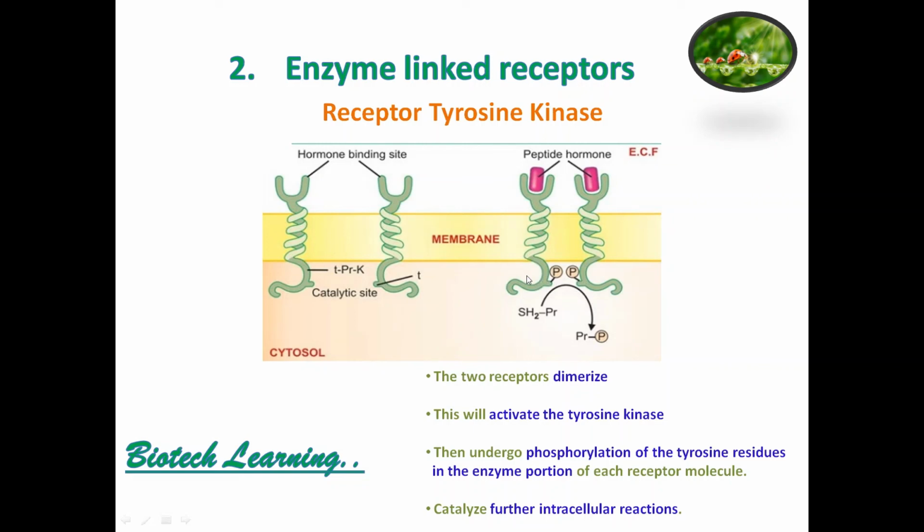Now who is the target for this enzyme? The target for this enzymic domain is the opposite enzymic domain. So they phosphorylate each other, they autophosphorylate, and this leads to catalyzing further intracellular reactions. So this is how it works.